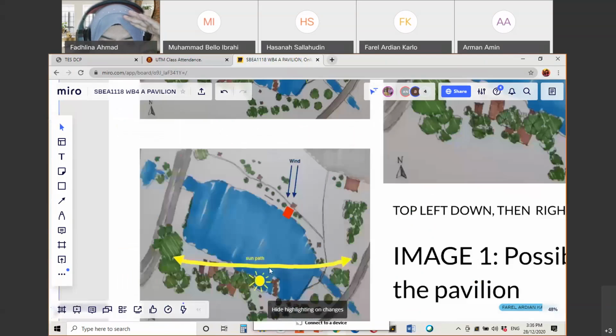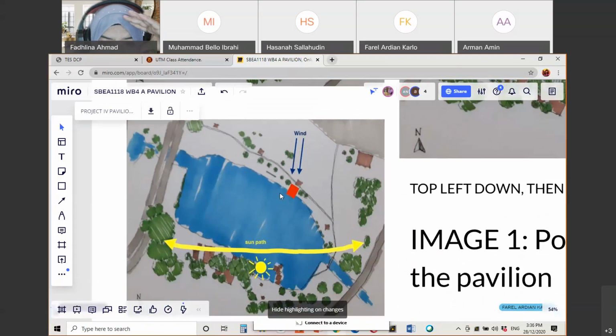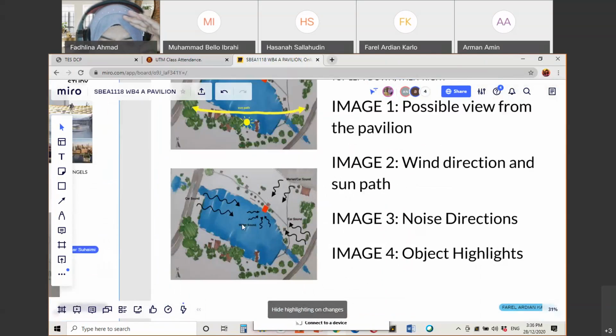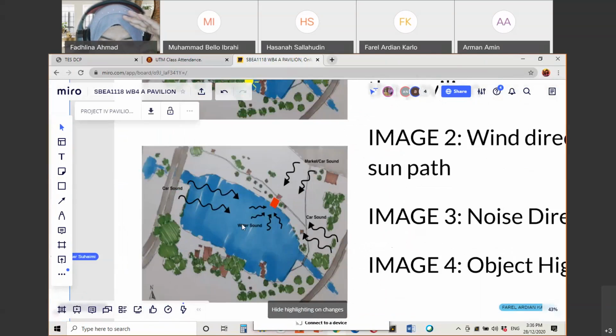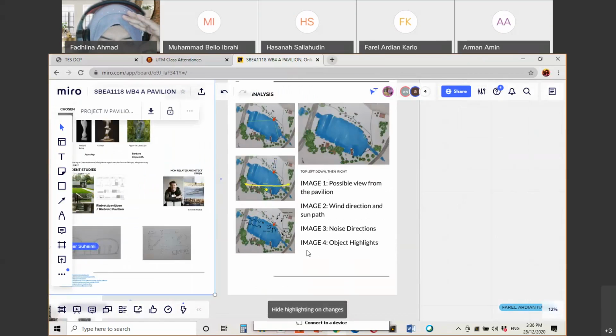Then the second image was the sun path and wind, so I have to think of that. The third one was the noise, from the highway, the entrance path, the other road on the right side, and the markets or the car parks from behind. And not yet, doctor.